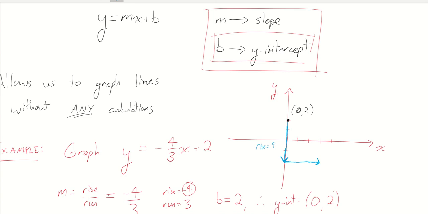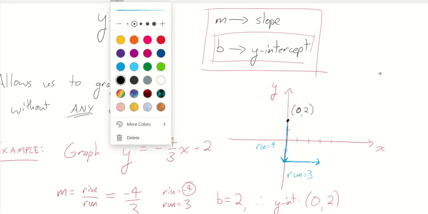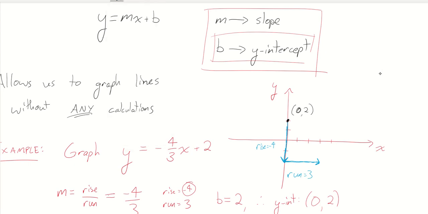Where you have the tip of that last arrow is going to be your new point, your second point. So here you go. This is our second point. It is at an x value of 3, a y value of -2.